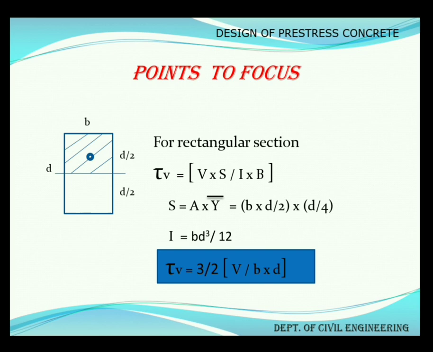Therefore, substituting, we get the value of tau v as 3 by 2 into bracket V divided by B into D. So this direct formula can be applied for computation of tau v in case of a rectangular section. Now in some books or in some examples, instead of the term small d, the term h can be used for representing height or depth of the section.